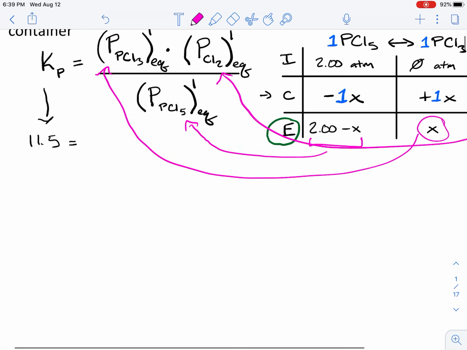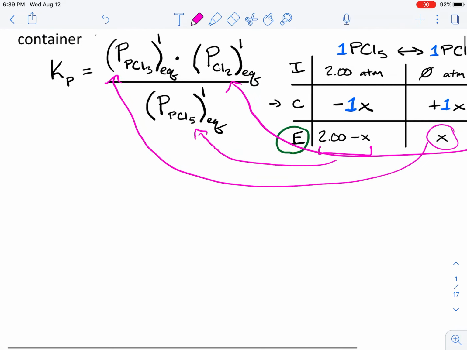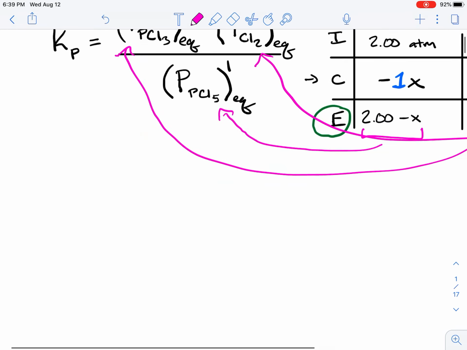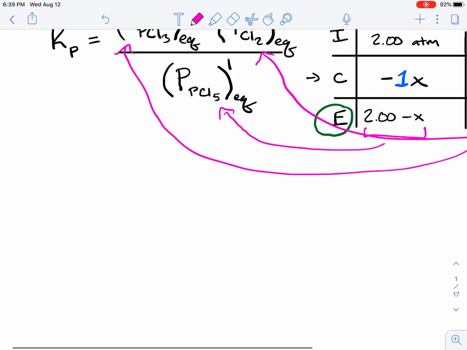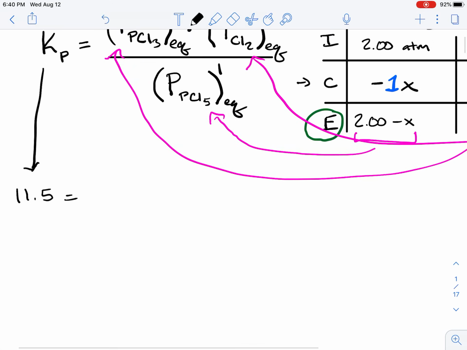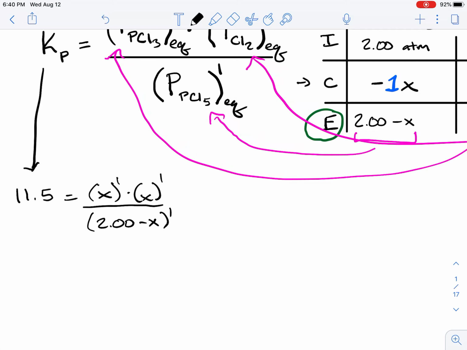And so if we plug everything into the mass action expression, what we get is 11.5, which is Kp, equals x times x raised to the first over 2.00 minus x raised to the first.